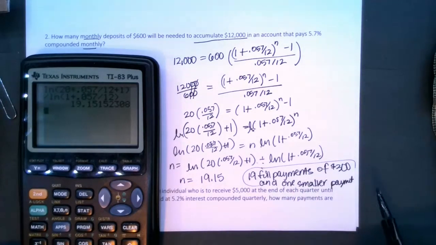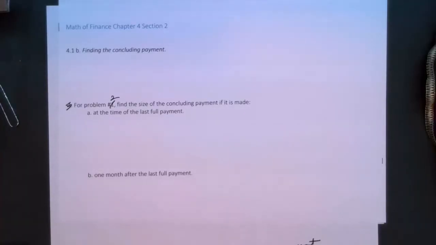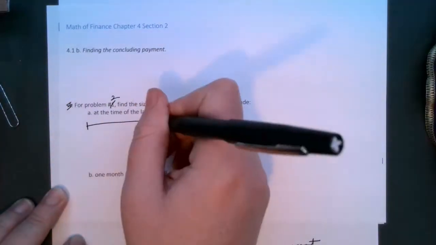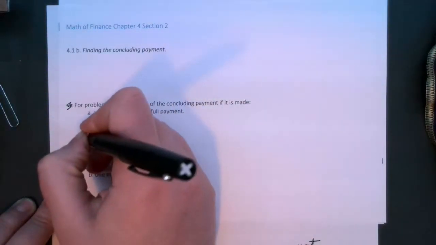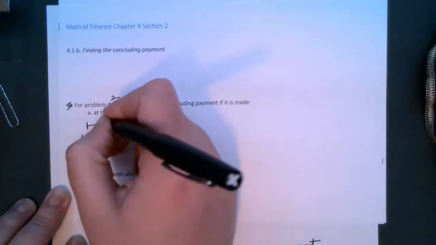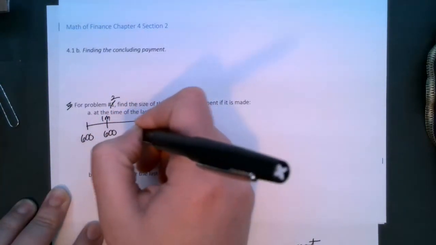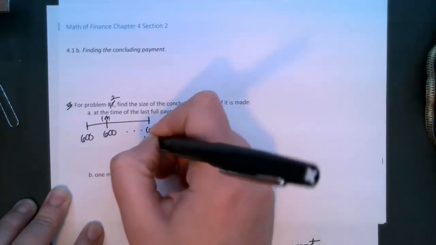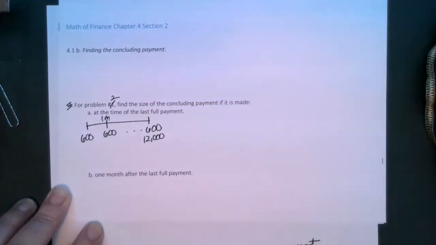Okay. Now number 3 you're going to do on your own, and we're going to go ahead and jump to the second part of this problem, number 5a. Okay, so we're doing number 5 based off of problem number 2. First thing we're going to do is our timeline. So we had payments of $600, and then we're trying to accumulate 12 grand.